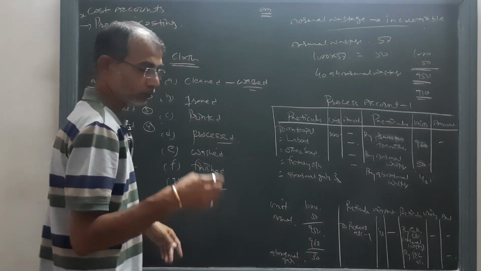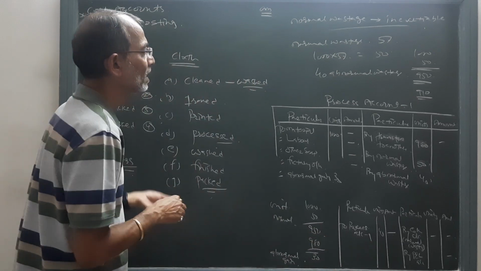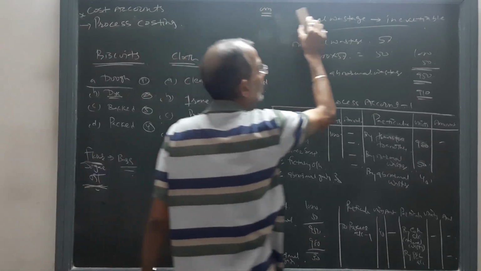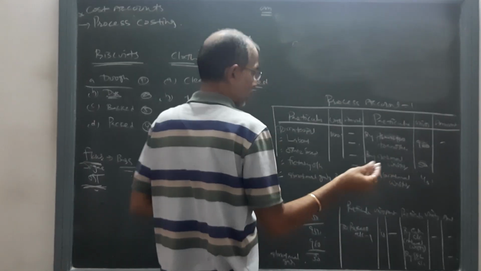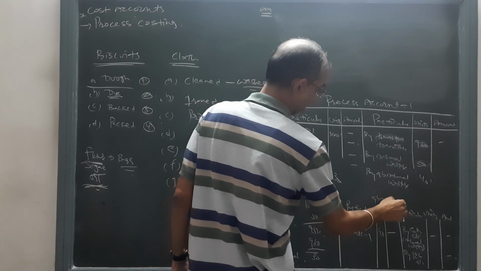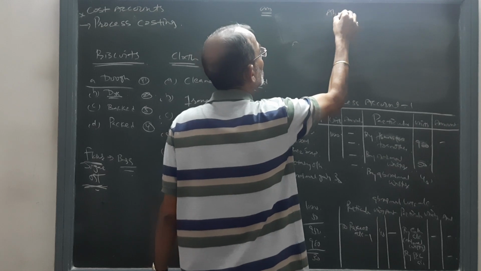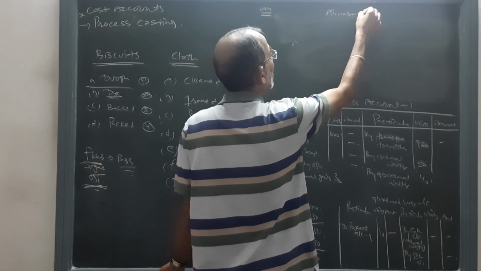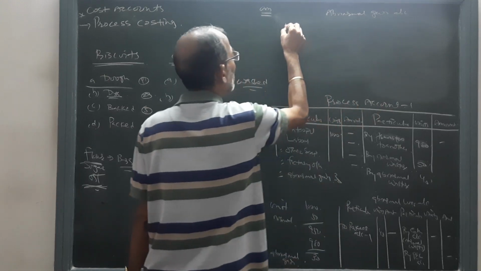But on the contrary, if there is an abnormal gain, then that account also will be prepared in the same way. This was the abnormal loss account. Similarly, abnormal gain account.